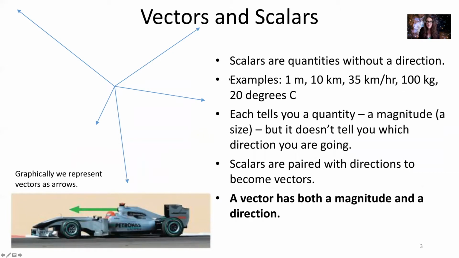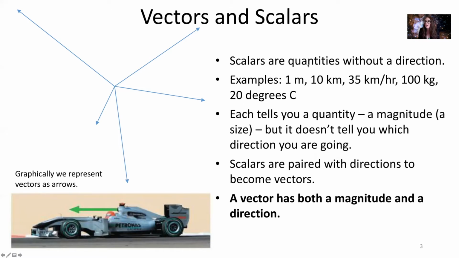A scalar is a quantity that does not have a direction. It's just some number. Examples of scalars are something that is 1 meter in length, something that is 10 kilometers in length, a speed of 35 kilometers per hour, a mass of 100 kilograms, a temperature of 20 degrees Celsius.